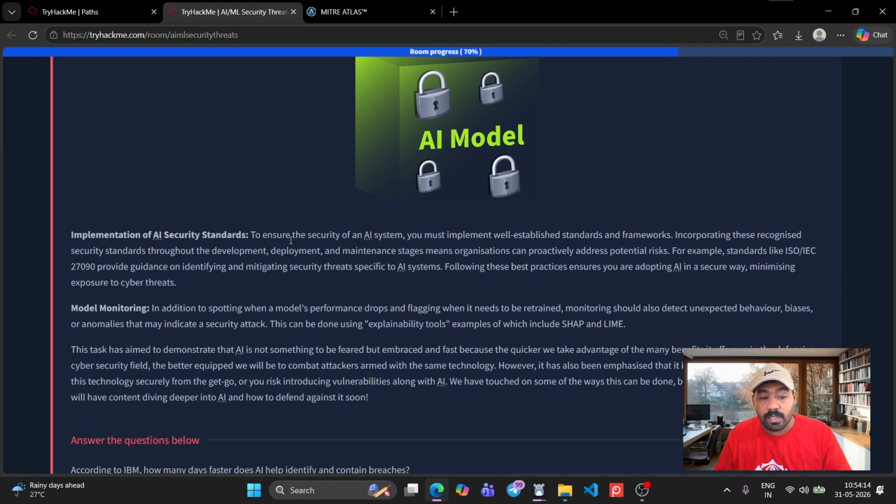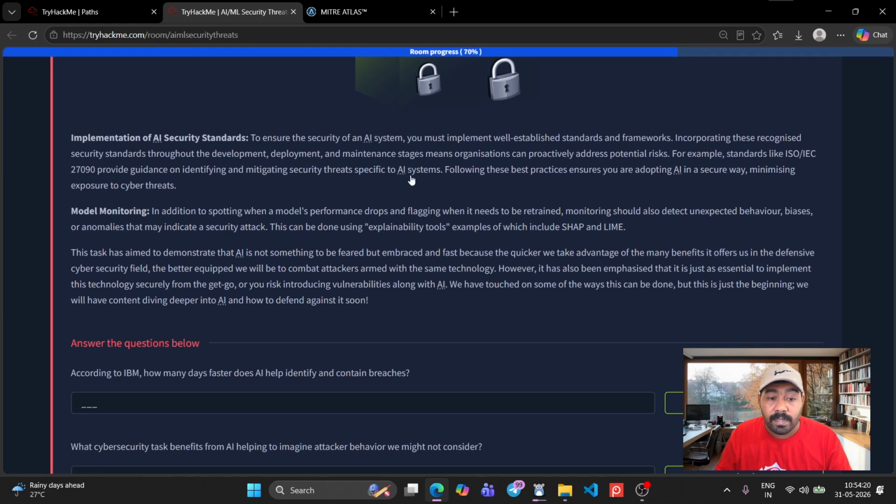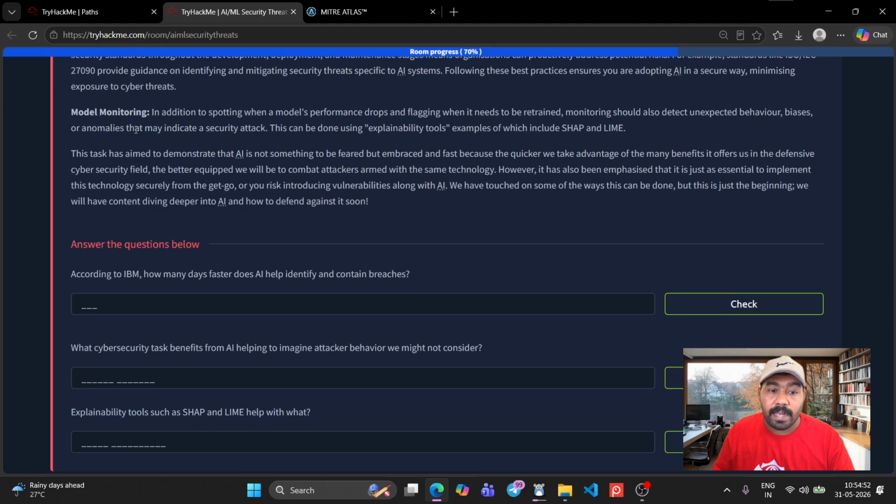Implementation of AI security standards: there are certain security standards for the implementation of AI. The first one, ISO/IEC 27090, provides guidance on identifying and mitigating security threats to specific AI systems. There are certain other things also, but I'm not going in depth on these particular topics. Model monitoring: we have to monitor the model properly in order to detect unexpected behaviors, or to protect this AI model.